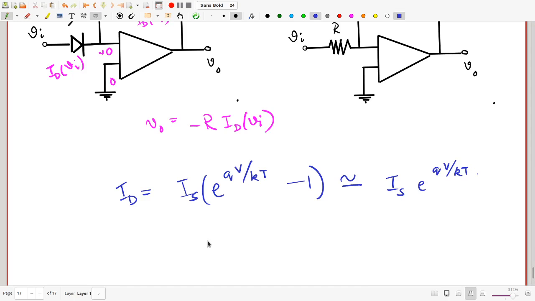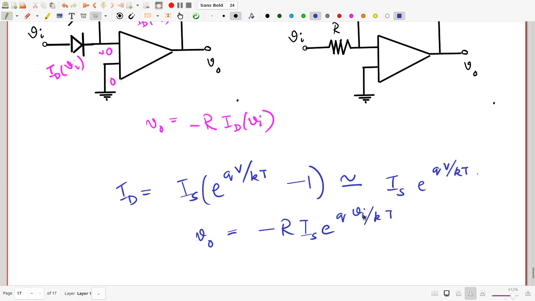So, the output voltage VO here is going to be minus R Is e to the power QVI by KT. So, you can immediately think of many important applications of this. One important application would be simply that this will work like an exponentiator. You take the input voltage, the output is proportional to the exponential of the input voltage. That's one great thing about this circuit.